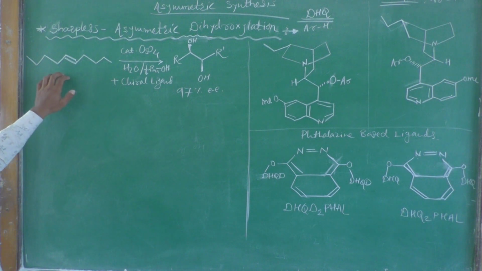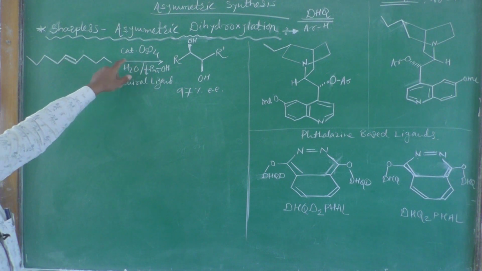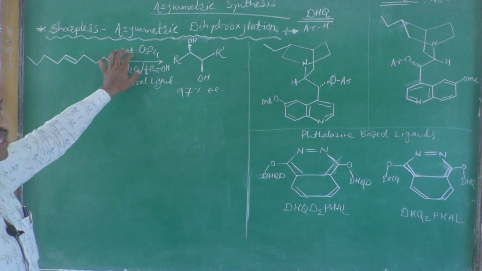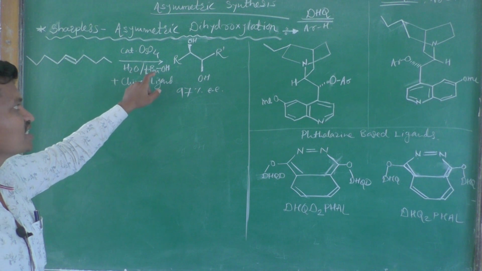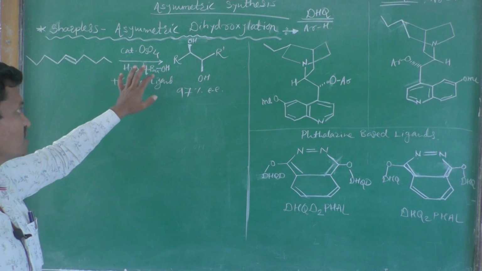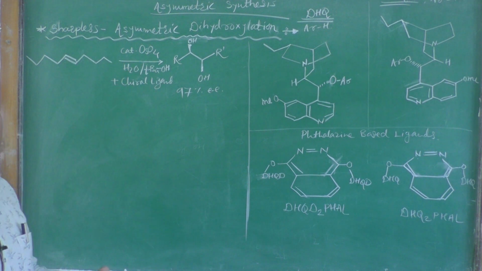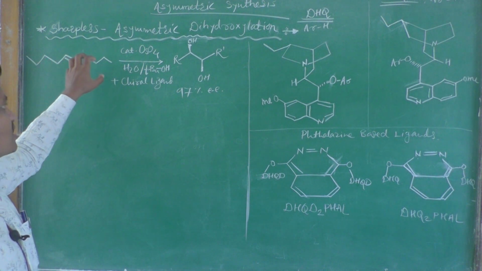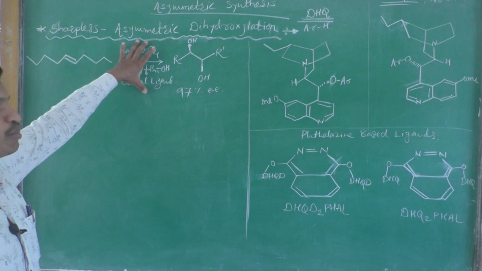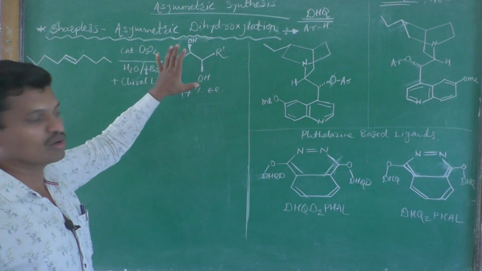See this reaction, this is a 5-decene, and in this reaction we have used catalytic osmium tetroxide. It is used just in catalytic amount. Water and tertiary butyl alcohol are used as solvents, and along with these, one chiral ligand is used. So this alkene, with the help of these reagents, ends up as such a syn diol.